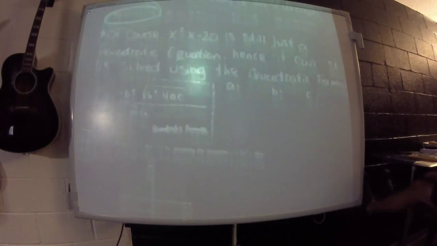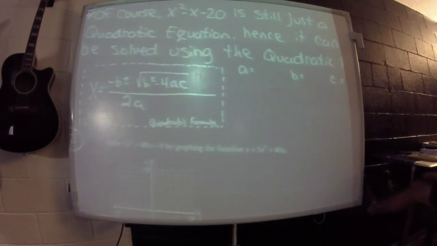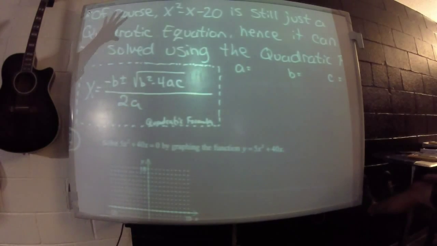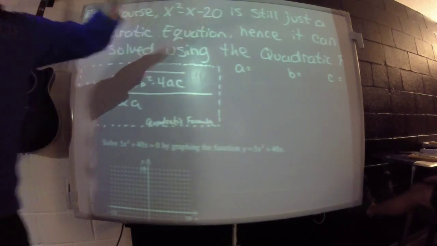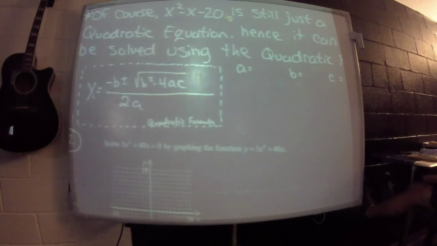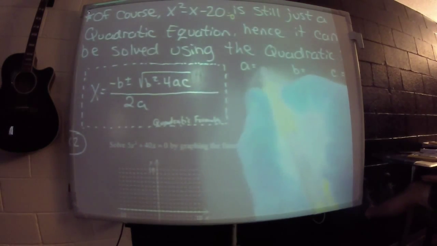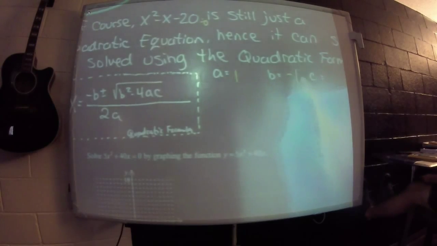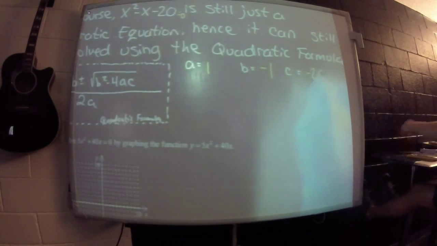The quadratic formula is written down here. If I'm using this right here, x squared minus x minus 20 equals 0, what's my a, b, and c? My a is 1, b is negative 1, and c is negative 20.